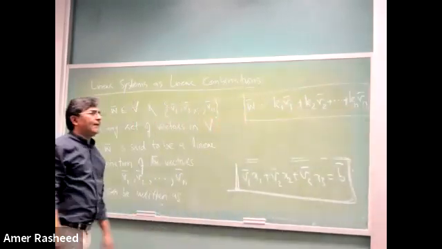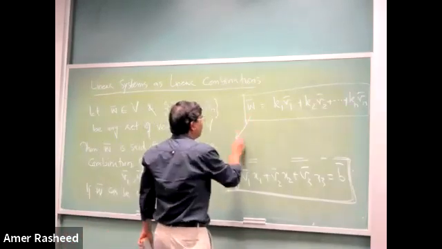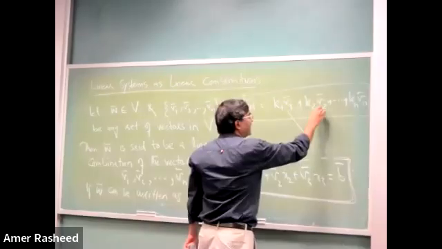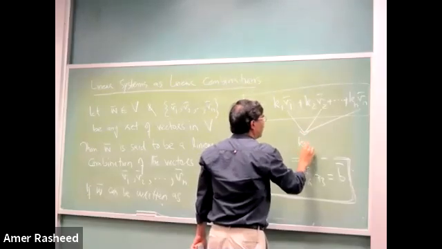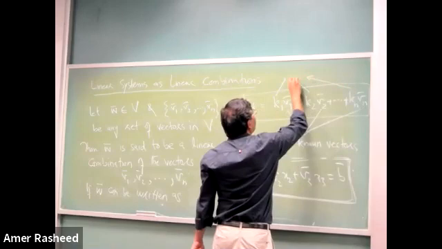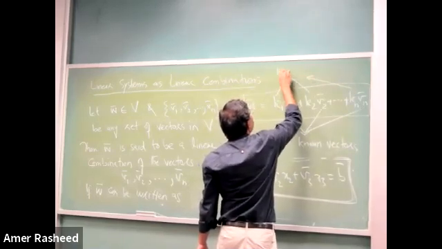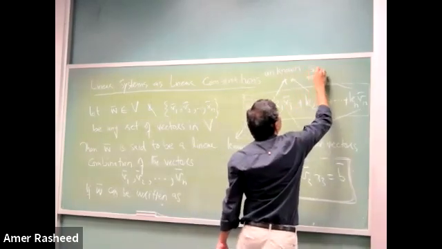In this linear combination, W is known, and these vectors V1, V2, so on, Vn, are also known vectors. Okay. What is unknown? Unknown is k1, k2, and kn. These are unknown scalars.